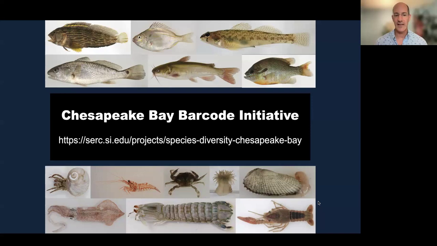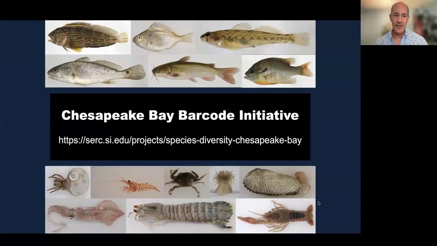Then we also usually take another piece of muscle tissue and put that in a deep freezer, like a frozen tissue bank that we have at Smithsonian. And then we also take the physical specimen, like what you're looking at the picture of here, and preserve that longer term in the collections at Smithsonian's Natural History Museum.